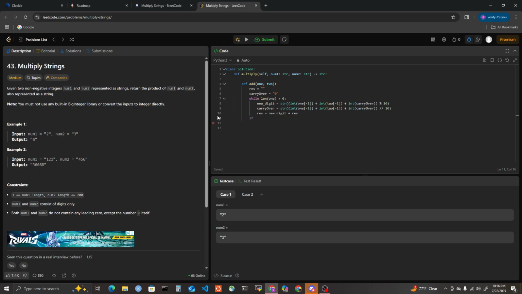And then I'm just going to say if carryover, then 1 equals 1. So this should hopefully act like a stack maneuver.